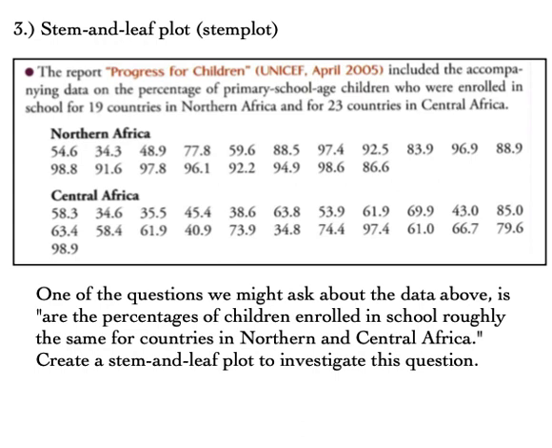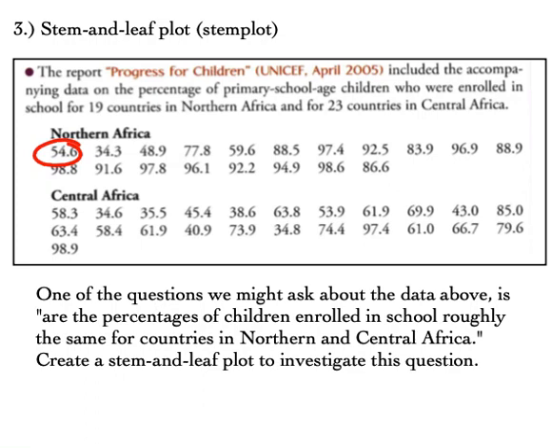It included the accompanying data on the percentage of primary school-age children who were enrolled in school for 19 countries in Northern Africa and 23 countries in Central Africa. So this data point here means that there was one country in Northern Africa that had 54.6% of its primary or elementary school-age children actually going to school.